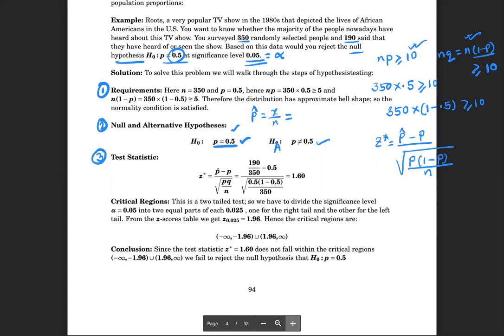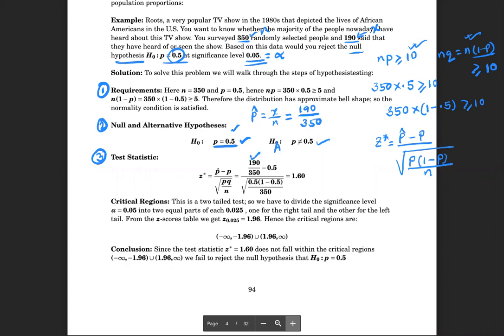You asked 350 people, that is your N, and X is 190 because out of 350, 190 of them said yes, they agree. They have heard of or watched the TV show Roots. So it's 190 over 350. That's P hat.